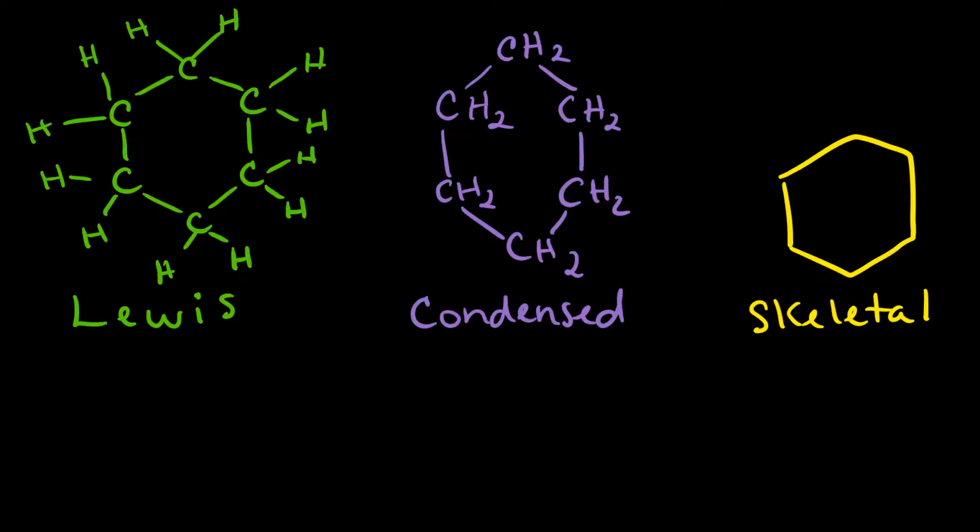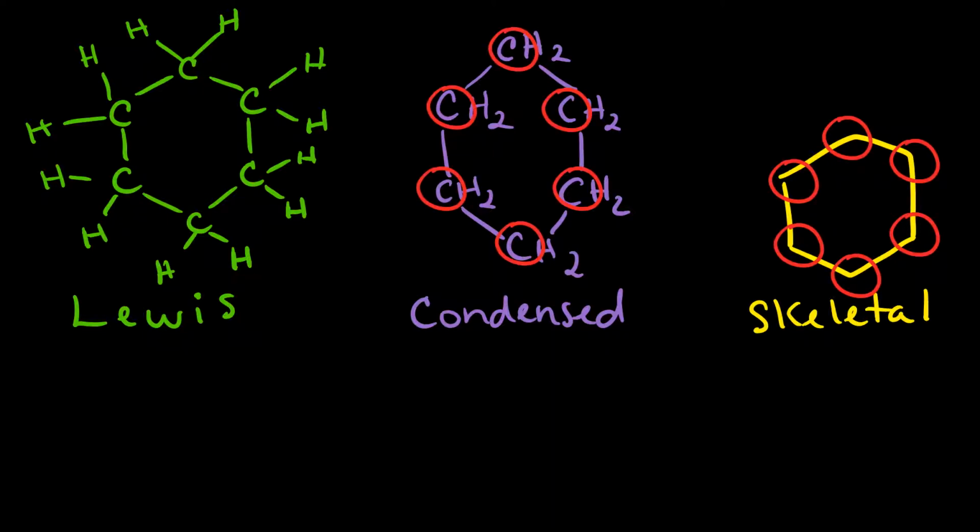The condensed structure for a cyclic compound is really not that condensed. You can see going from the Lewis structure in green to the condensed structure in purple that you still have to draw quite a bit. So the skeletal structure in yellow correlates to the 6 carbons there at each bend, and it's much simpler to draw.